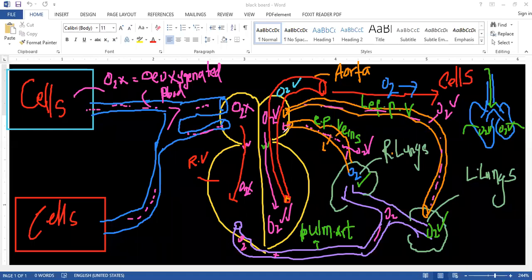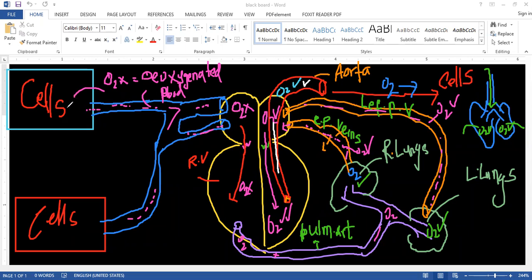Remember one thing again, I am saying. Look, oxygenated blood is here from the left atrium. From that left atrium, blood moves through the systemic artery, the aorta. Then it goes to the cells, as I have drawn here.